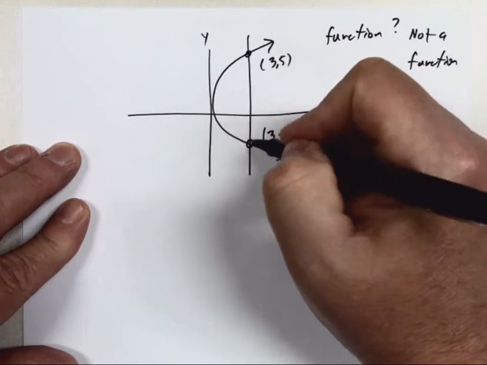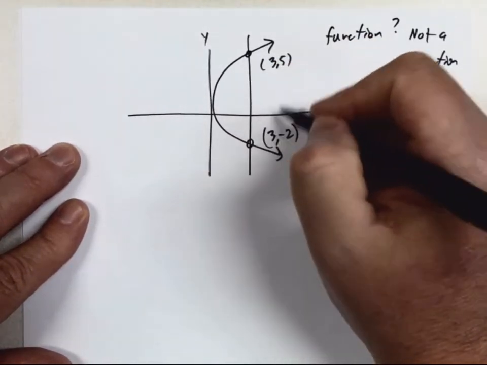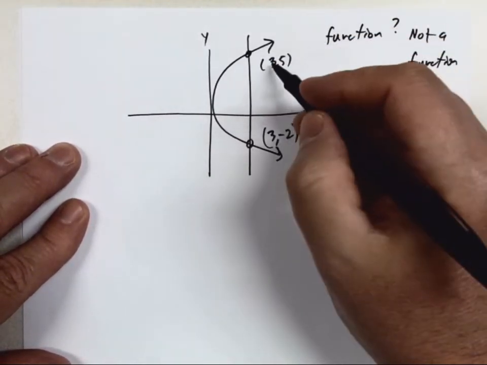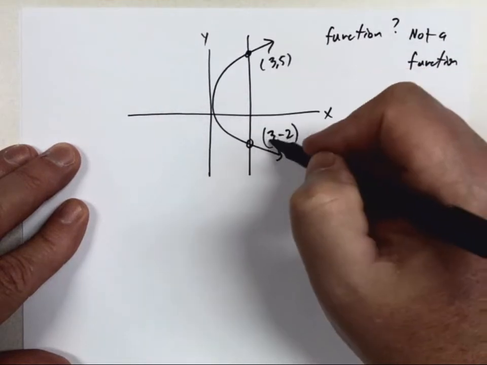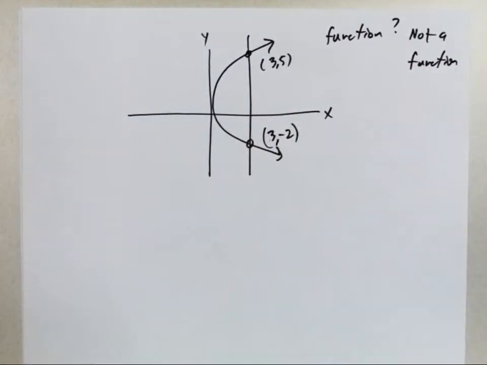Here are 2 points on the graph. These are like ordered pairs. And look at these ordered pairs. They have the same value of x. It's almost like we did the ordered pair check. We have x's repeating, which we can't have. So when you have a graph, very easy to check.